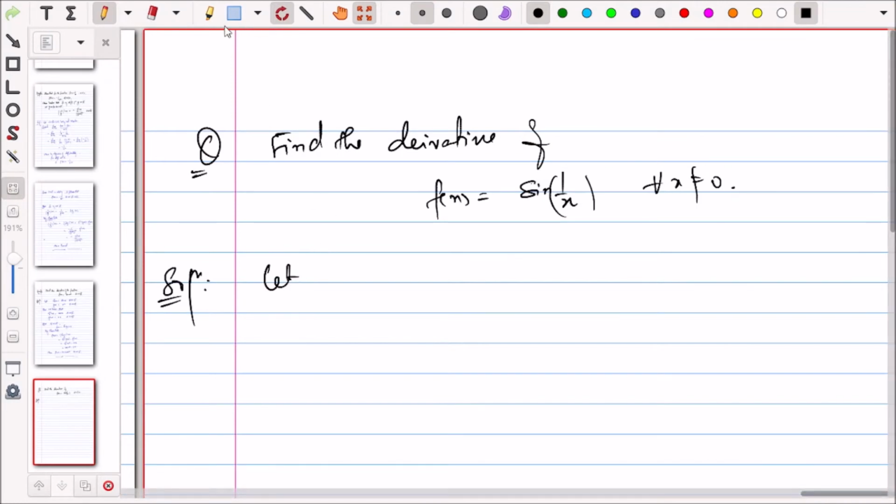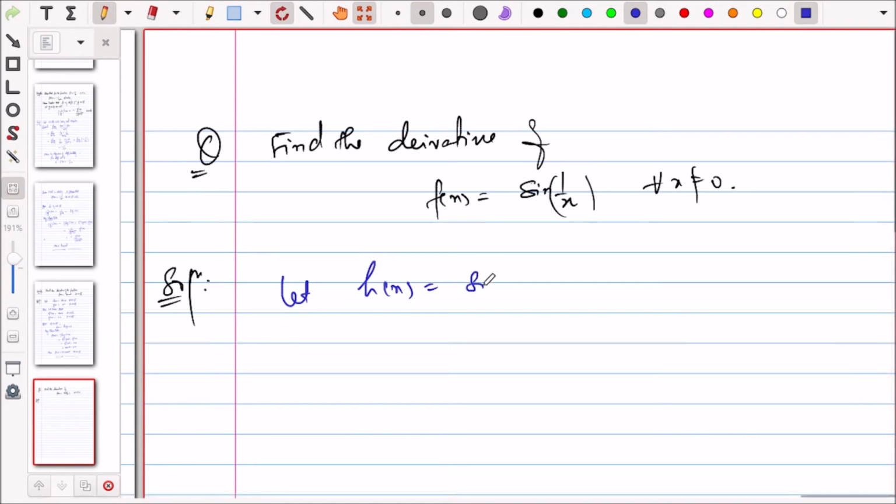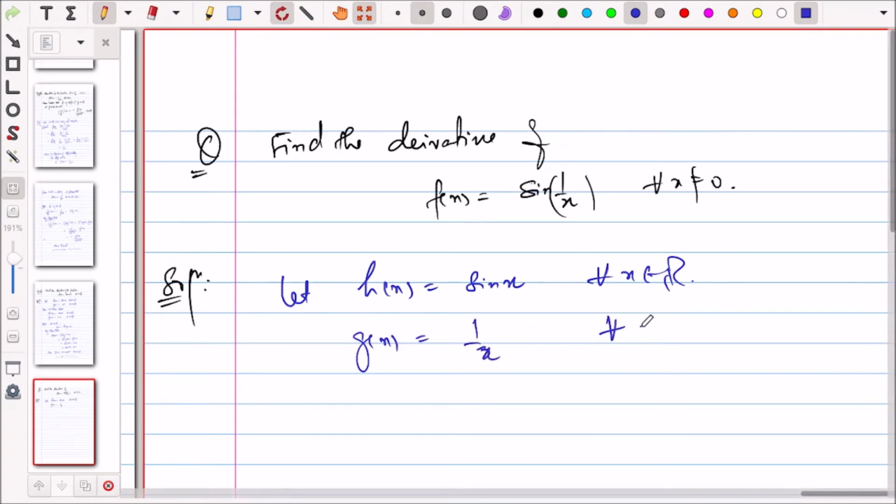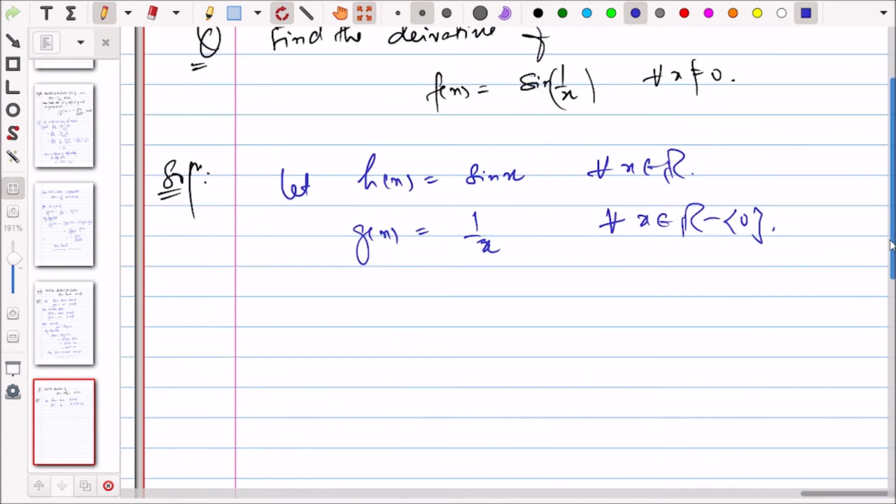So let दो functions define करेंगे हम, कौन कौन से, let hx equal to sin x for all x in R and gx equal to 1 by x for all x belonging to R minus 0.